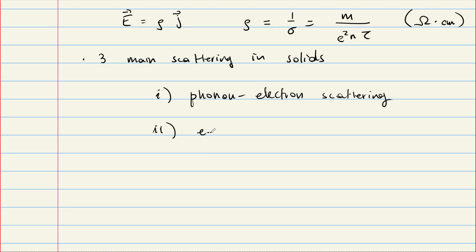Exactly, there is electron-electron interaction. This is the most complicated thing, and it is very technical. We may or may not talk about it. And there's one more, and from a practical point of view this is the most important one. Impurities.